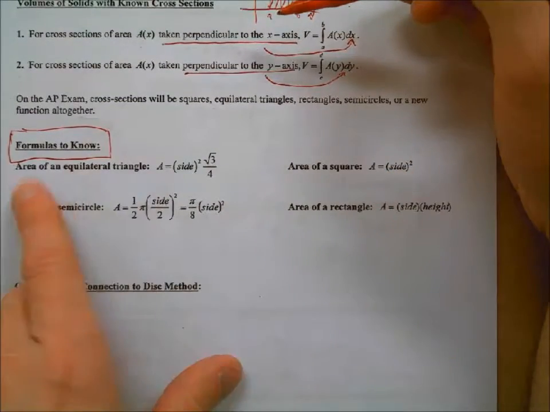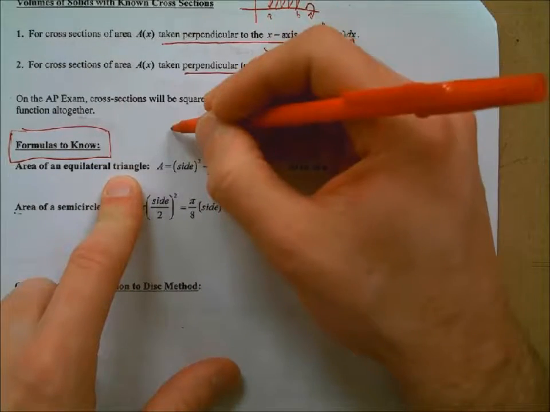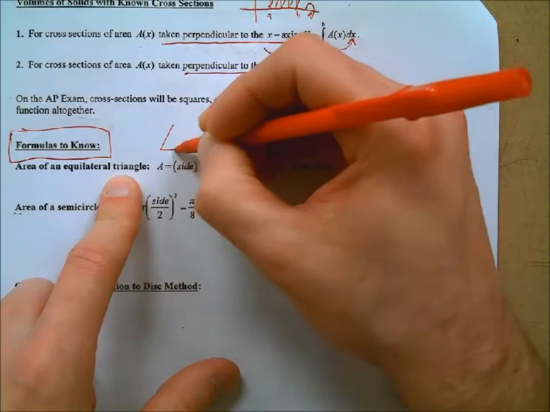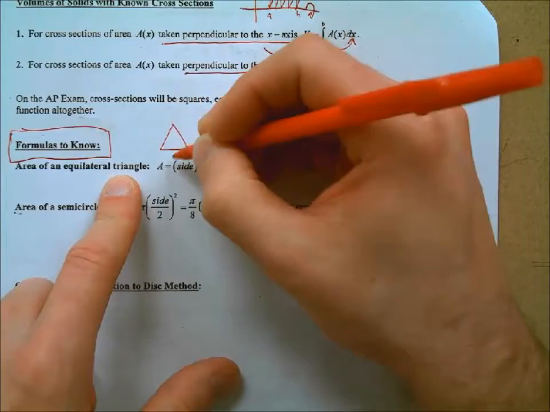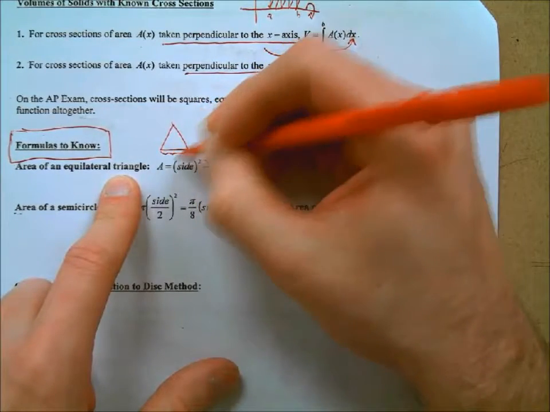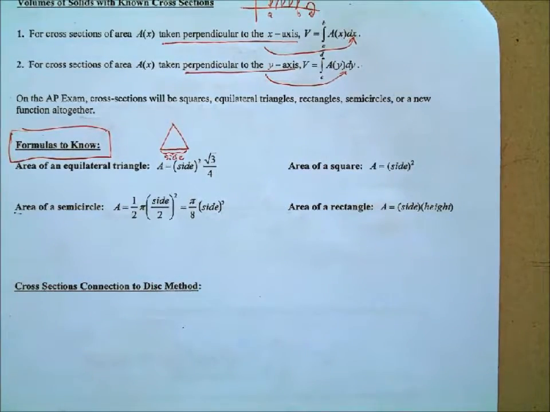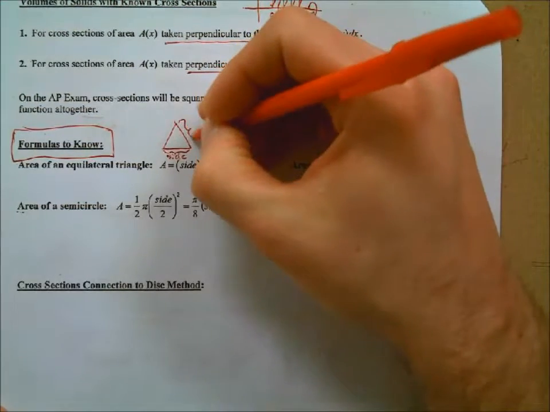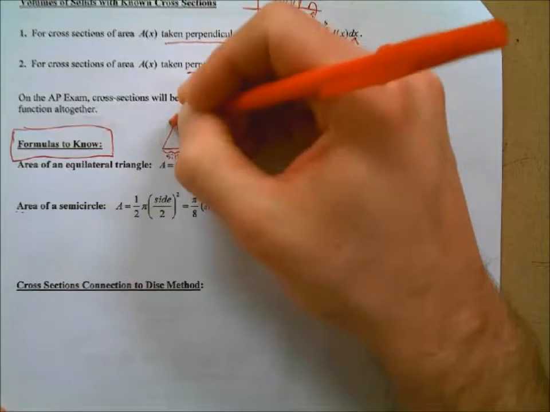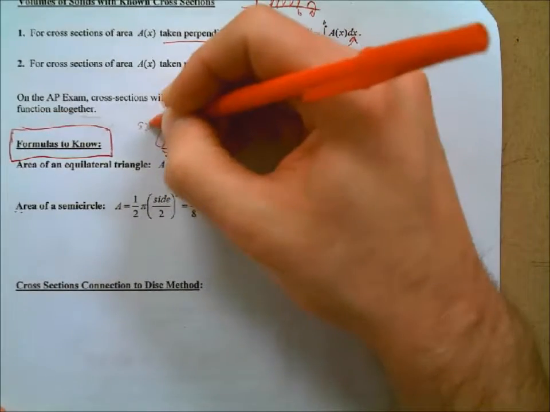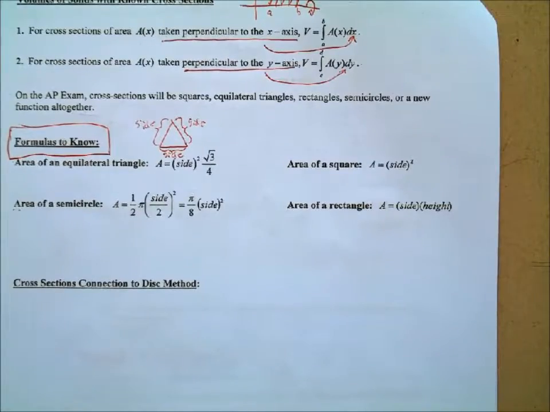For an equilateral triangle, it's a little bit trickier. If we try to build an equilateral triangle with a particular side like that, you've got the other sides as well, but to find the area of a triangle, it's 1/2 base times height.